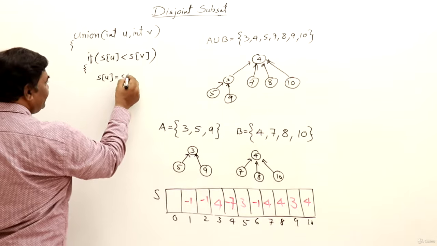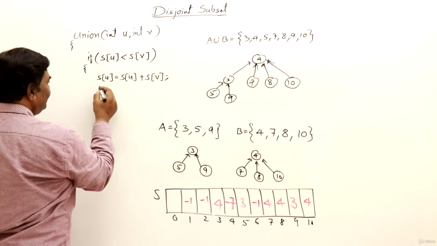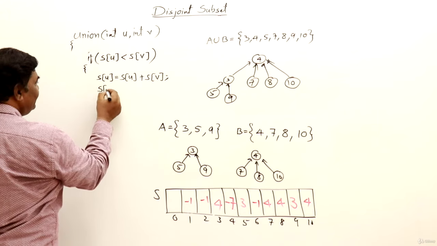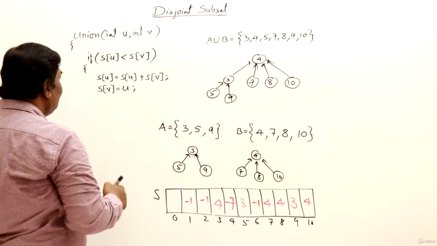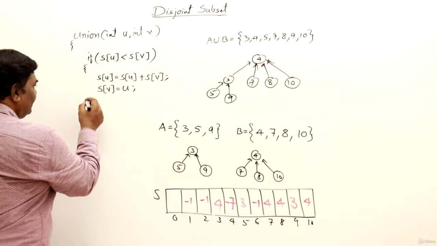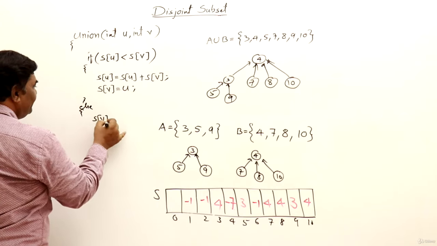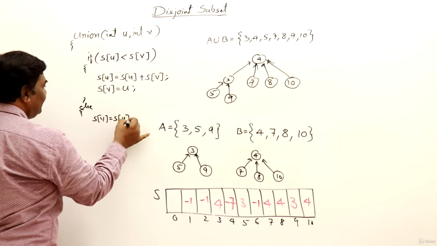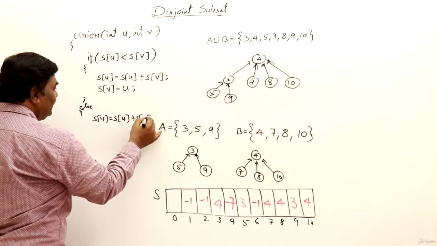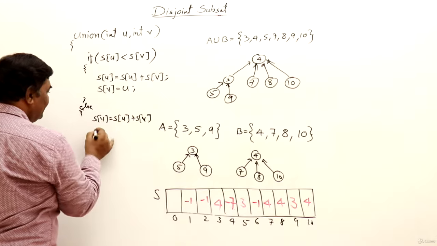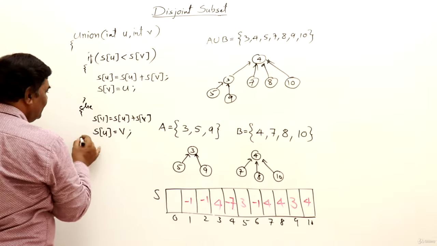So that is S of U plus S of V, and then we will change S of V's parent as now U. So we'll make U the parent if U is greater. Else, S of V, we will add these two and write them as S of U and V together, right? Then next S of U will change to V.